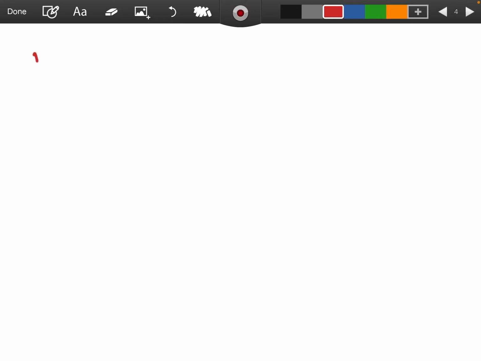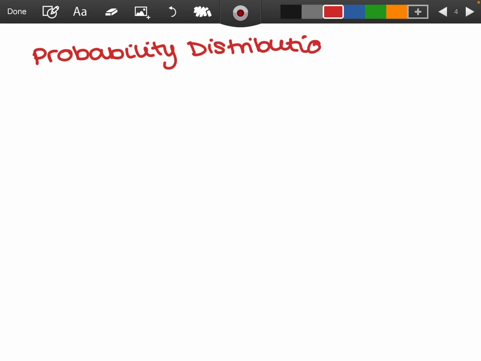The next thing I want to look at is something called a probability distribution. This is very similar to a frequency and relative frequency distribution, more similar to a relative frequency distribution actually. Because what we're going to have is, again, a table where we've got our outcomes on the first column, and this time it is going to be the probabilities of each of our outcomes on the second column.